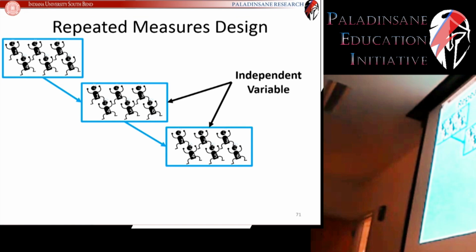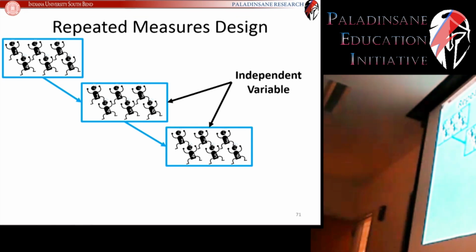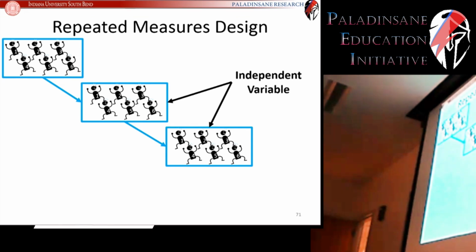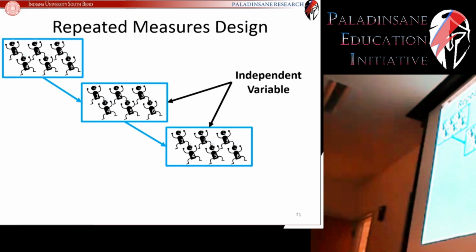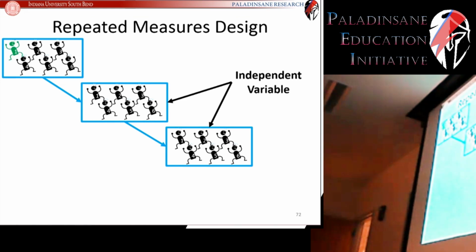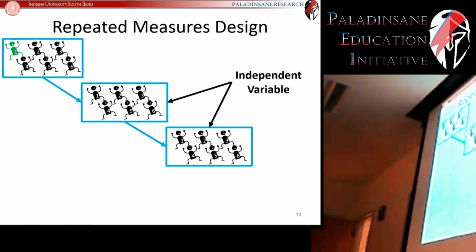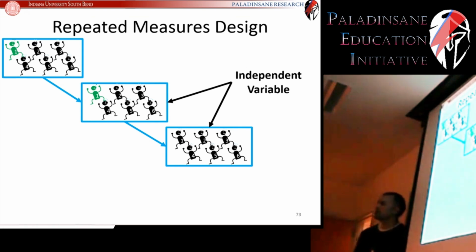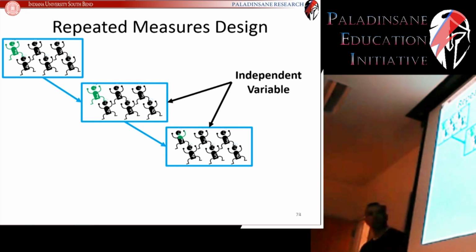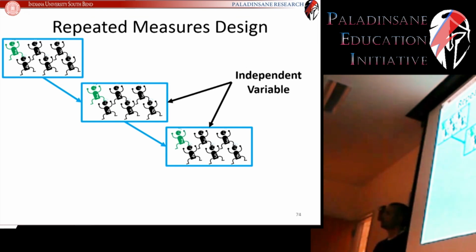Because in a repeated measures experiment, the people in the experimental group are the same as the people in the control group. So if we have an extremely violent individual, he is going to be an extremely violent individual in the experimental group, and he's going to be an extremely violent individual in the control group as well.